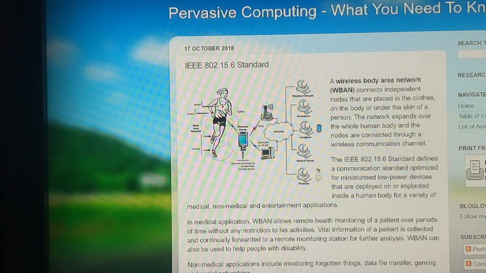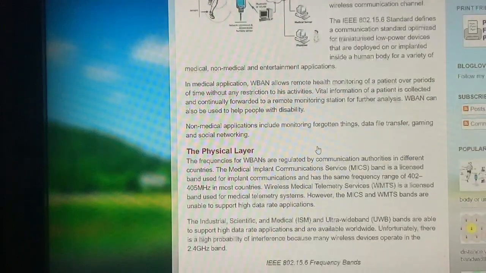A wireless body area network connects independent nodes that are placed in the clothes, on the body, or under the skin of a person. The network expands over the whole human body, and the nodes are connected through a wireless communication channel. The IEEE 802.15.6 standard defines a communication standard optimized for miniaturized low-power devices that are deployed on or implanted inside a human body for a variety of medical, non-medical, and entertainment applications.